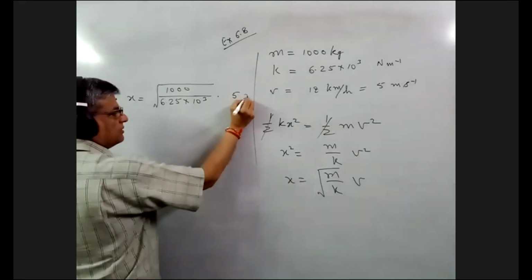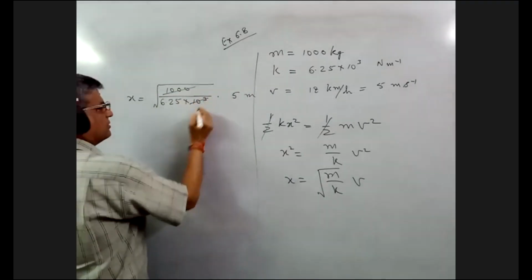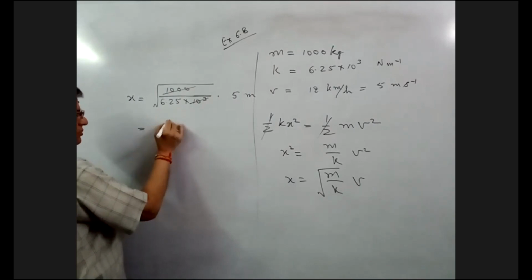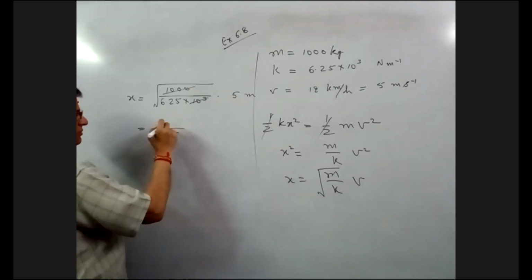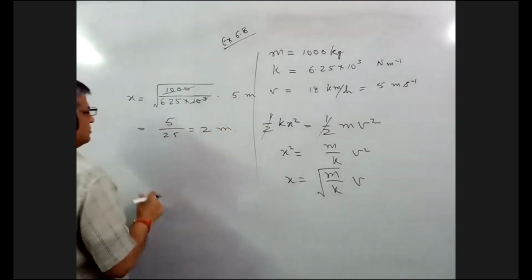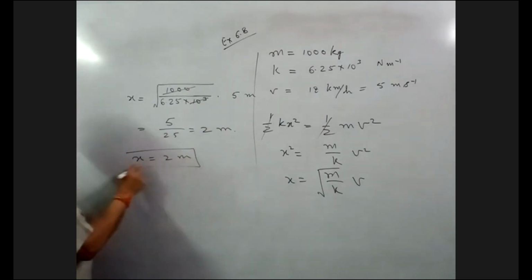Because this is displacement, it is in meters. This 1000 cancels, and the square root of 6.25 is 2.5, so x is 1 upon 2.5 into 5. So 5 upon 2.5 is 2. So the compression is 2 meters.